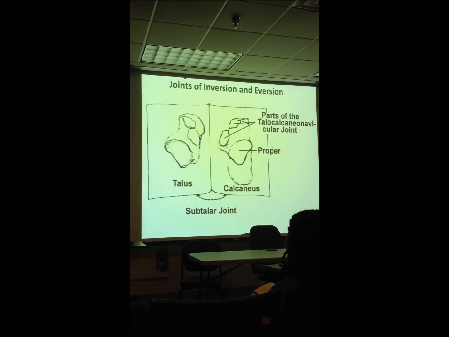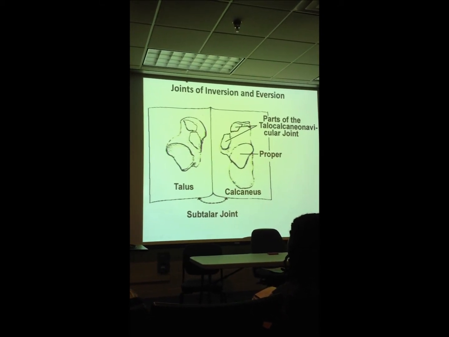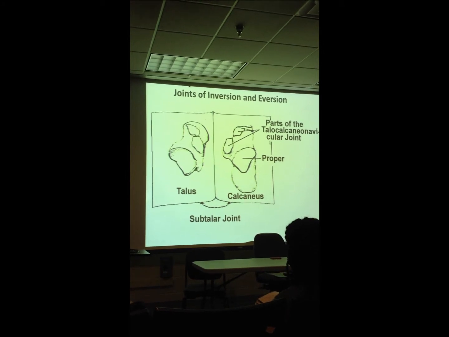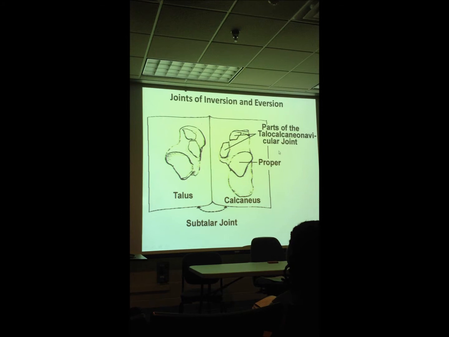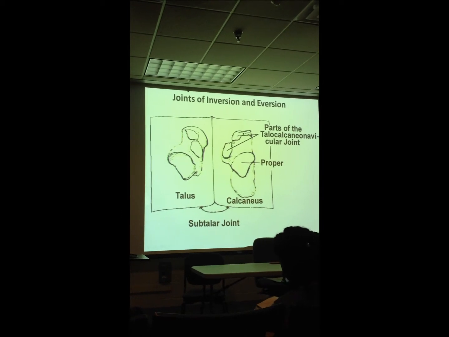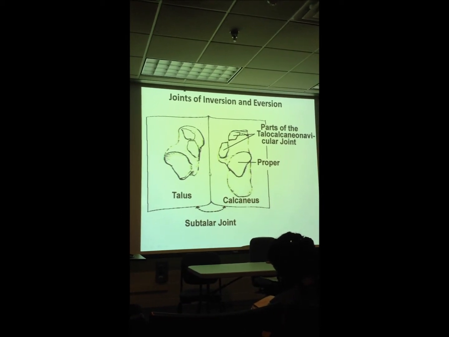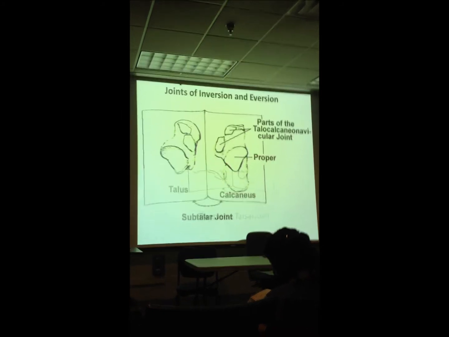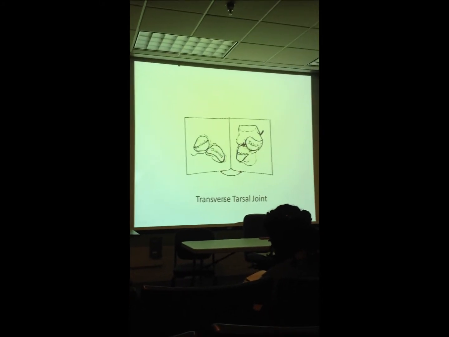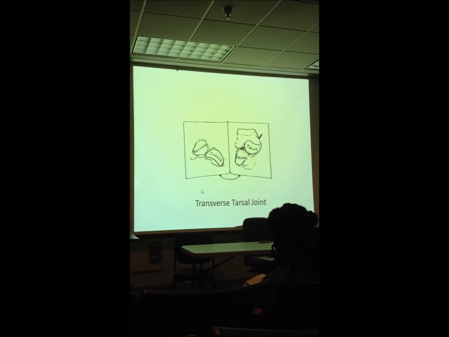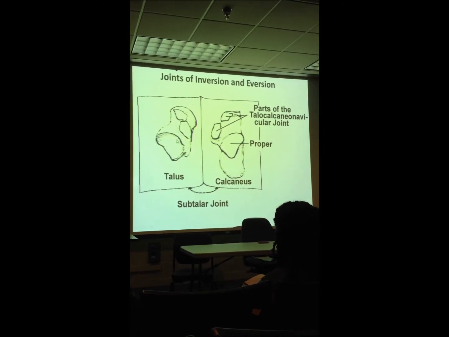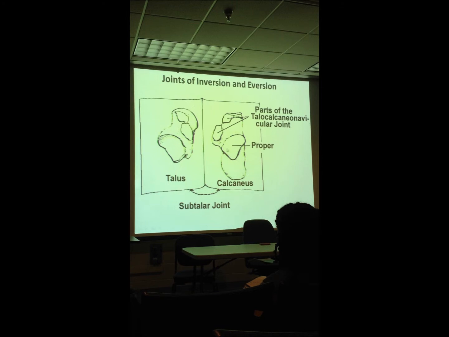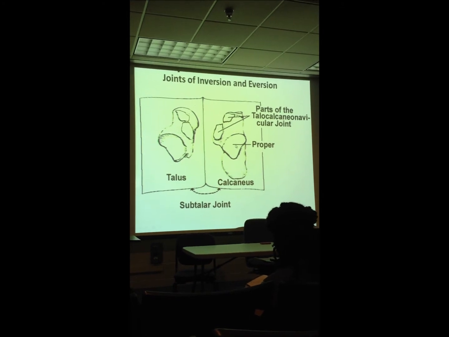Okay? How about the joints of inversion of the foot? Well, this was kind of out of sequence, but by golly, this is something we want to focus on. There are two joints of inversion and eversion, the subtalar joint and the transverse tarsal joint. The subtalar joint is the one between the talus and the calcaneus. There's a part where the talus and the calcaneus only articulate with each other.